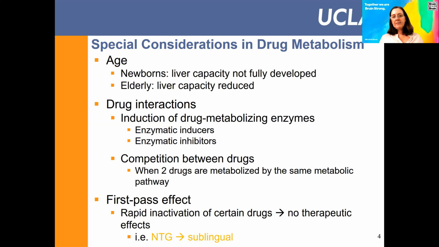So the first pass effect is the rapid inactivation of certain drugs before they can even reach their target. An example is nitroglycerin. It is given sublingually to bypass the liver because otherwise it would be inactivated and have no effect.